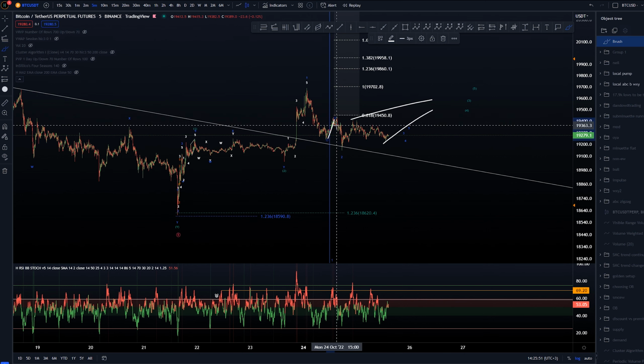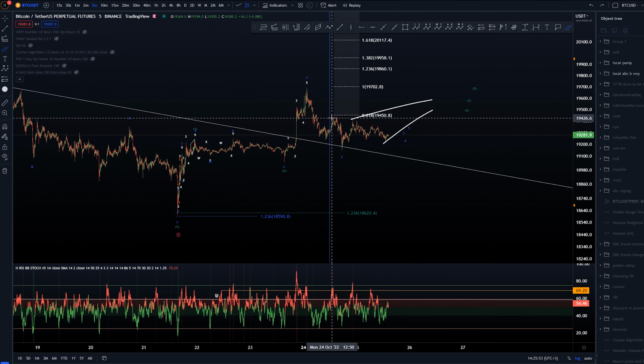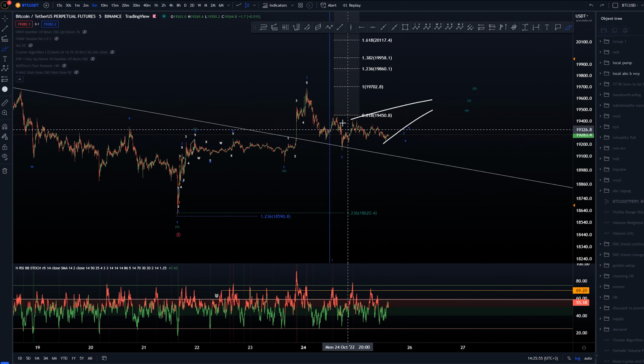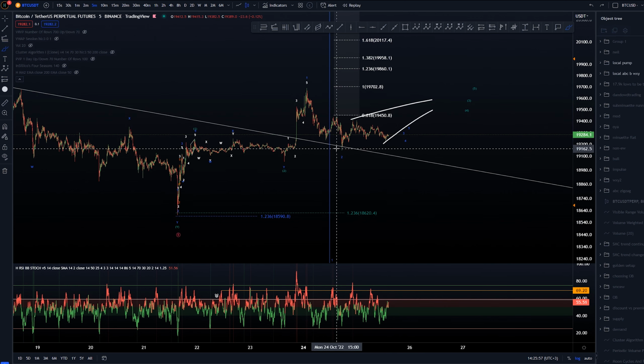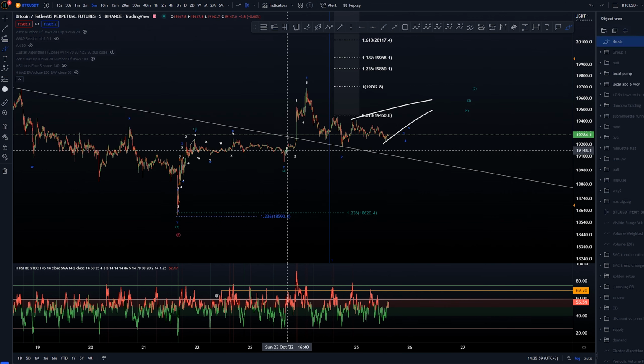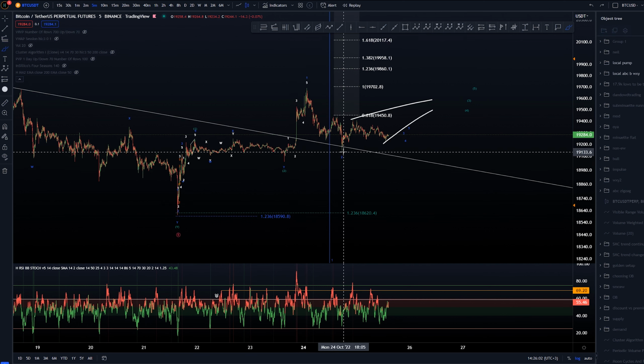Half of my position was closed in these highs, and now I'm just having this stop loss still available. It wicked through my stop loss. It didn't trigger it for some reason, so I'm still in that long position.